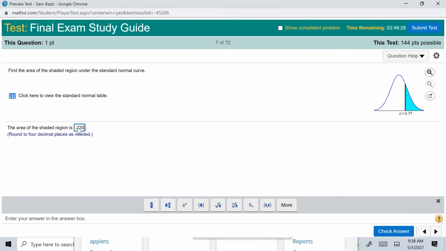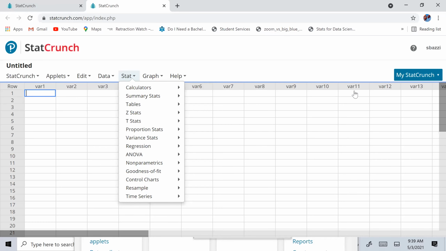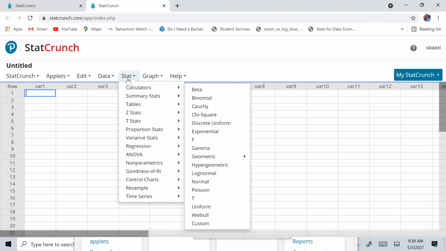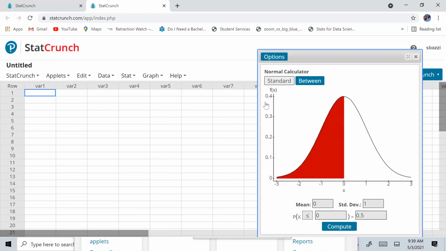Now, if you'd like to use StatCrunch for this one. Unfortunately, you cannot click here, so you'll have to have StatCrunch open, which let me open. Using StatCrunch, you just go to Stat, Calculators. This is a normal calculator, and where is the normal calculator? Right here.